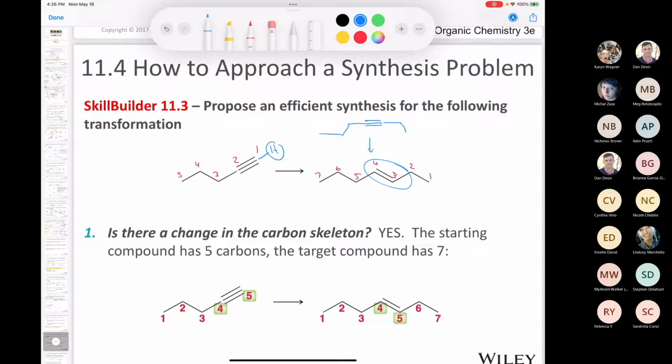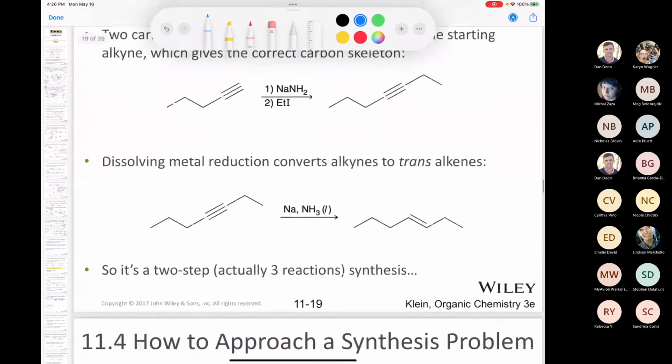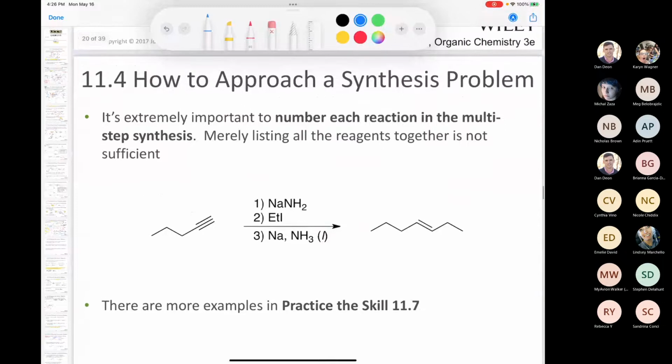Absolutely. Sodium metal reduction, right? Sodium and liquid ammonia. And there you go. We've kind of solved the problem in our mind's eye already. First, we're going to have to do a deprotonation with sodium amide, followed by treatment with ethyl iodide, and then we do a sodium metal reduction to make the trans alkene. Done. That's it.